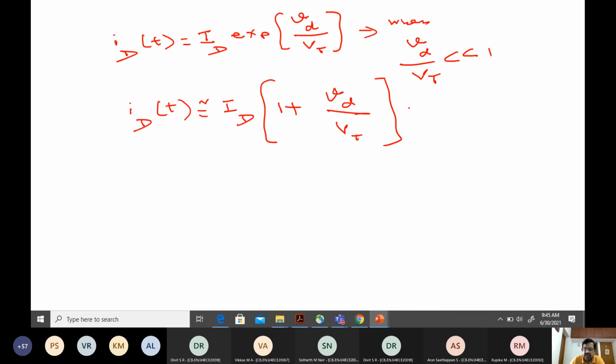This is nearly equal, because I have neglected all higher order terms.